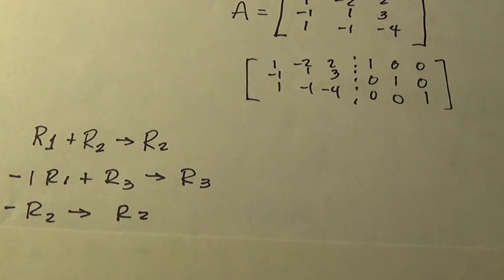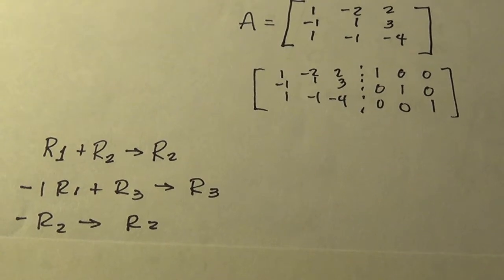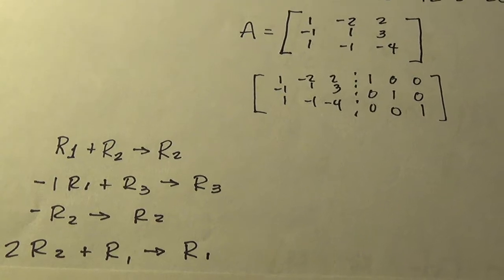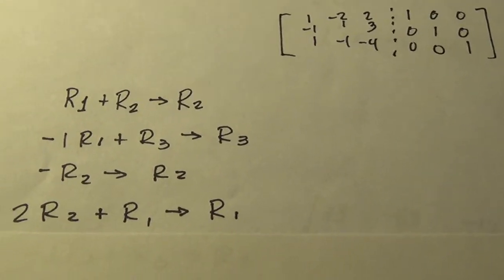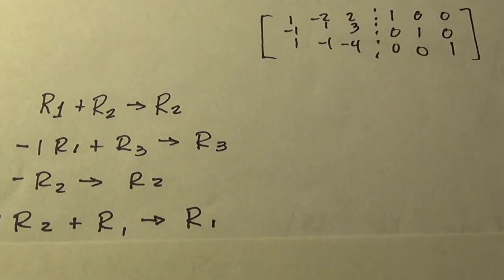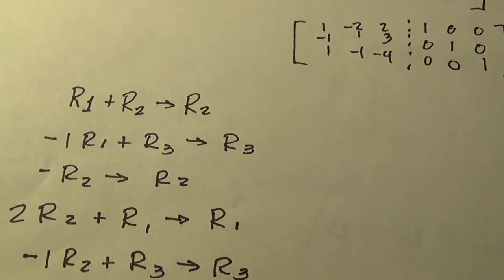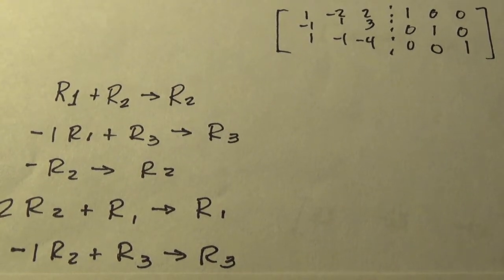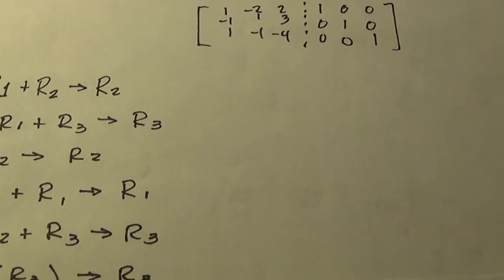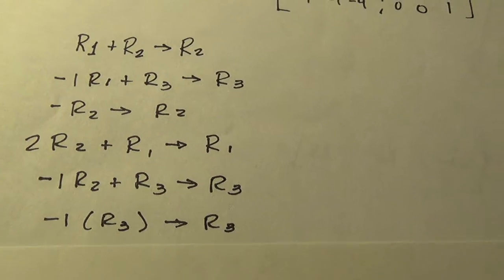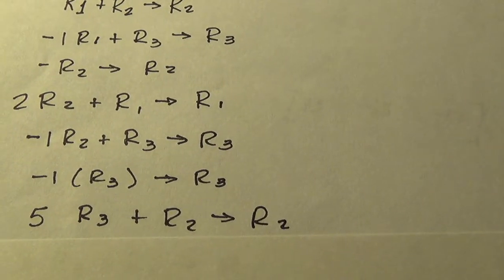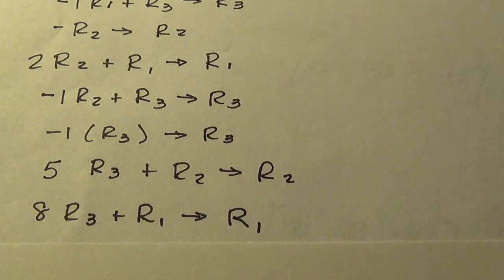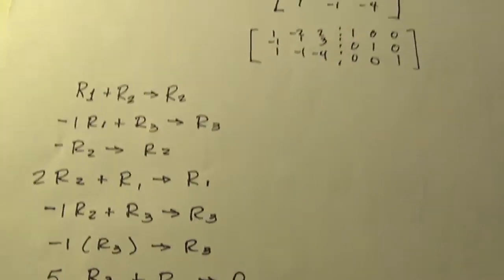I multiplied row 2 by -1 and replaced row 2. I did 2 times row 2 plus row 1, replacing row 1. I took -1 times row 2 plus row 3, replacing row 3. And I took -1 times row 3. Then I took 5 times row 3 plus row 2, replacing row 2, and 8 times row 3 plus row 1, replacing row 1.